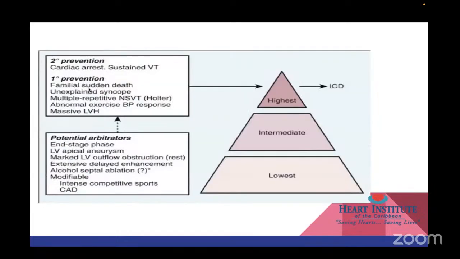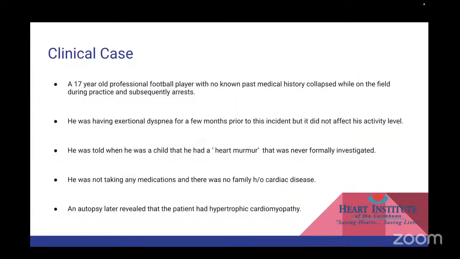So as we see here, for primary prevention, we want to, for patients with familial sudden death, unexplained syncope, multiple repetitive NSVT on Holter, abnormal exercise BP response, massive LVH, these are patients we need to work with closely to prevent them from just having a sudden cardiac death or having some cardiac event that can then just worsen their morbidity and mortality, when they could have gone on to live a better life, understood what was happening with them, and been on some sort of medication, some sort of management, being followed up, doing their regular checks.